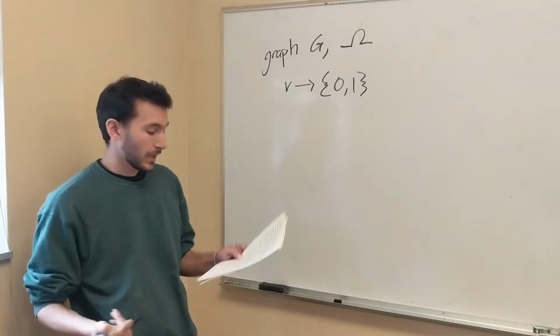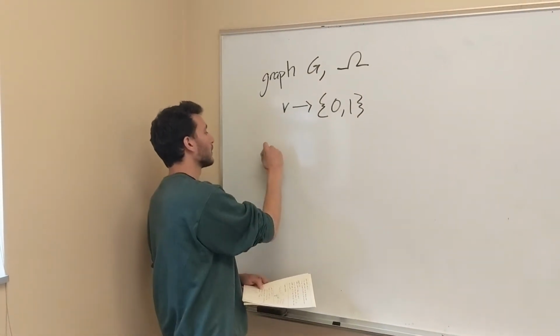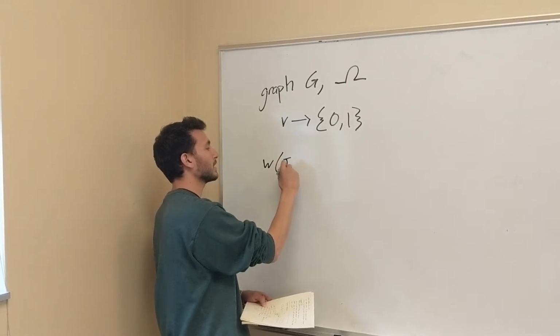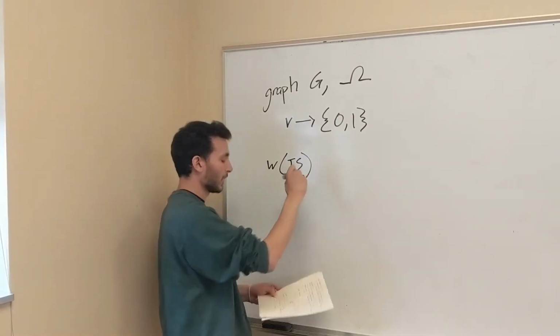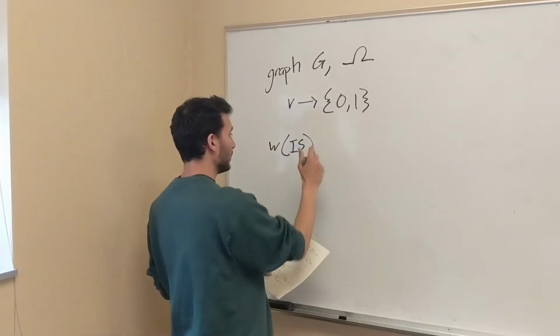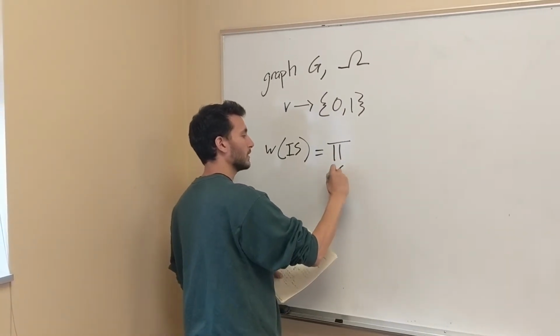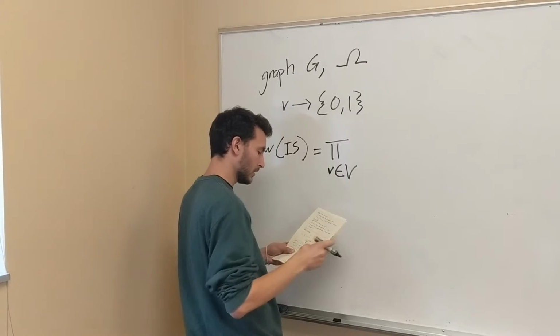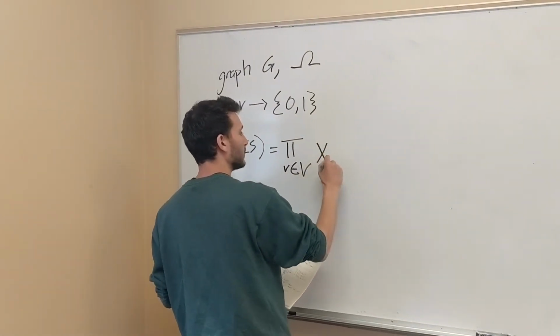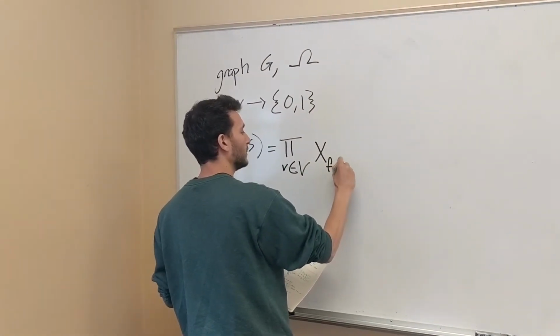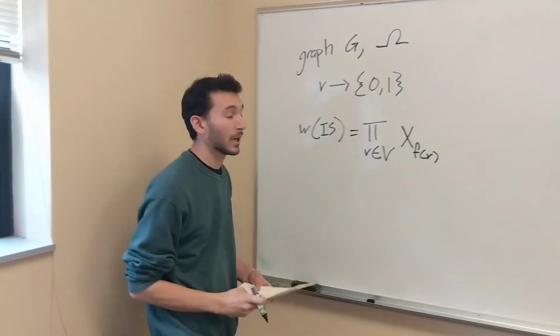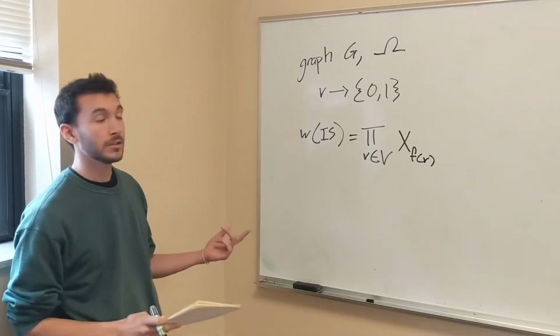So then we're going to define the weight of each independent set to be the product over all vertices in V of these weights decided by f of V, our mapping from V to 0 or 1.